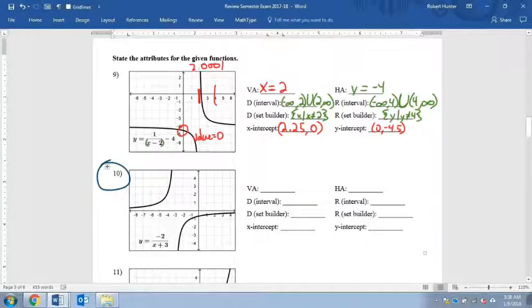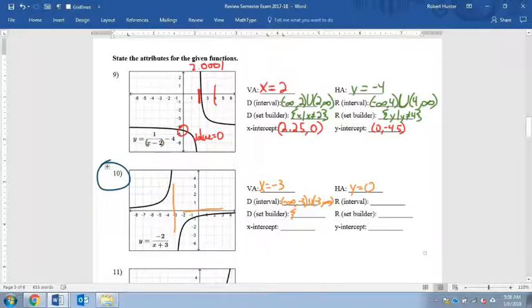Number 10 same way. Pause the video, give it your shot yourself, but I'm going to knock it out real quick. My vertical is right there at -3. My horizontal is at 0, so your vertical asymptote is at x equals -3. Your horizontal is at y equals 0. So my interval notation for the domain is going to be from -infinity to -3, union it with -3 to infinity.